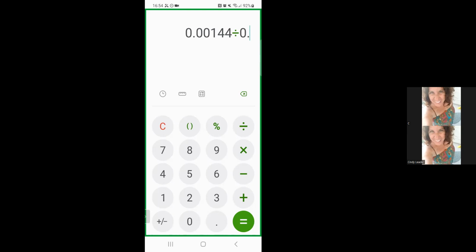So we're going to divide it by the thousandths place on the other side of the decimal. So 0 would be the tenths place, a tenth of something. Another 0 would be the hundredths place. And this third place is the thousandths place.